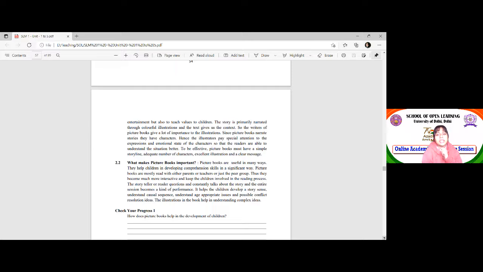So what they're trying to say is that picture books are important, especially for children, or in this case, at least the chapter that we are covering, for children, because it helps them develop comprehension skills. Like I said, it helps them aid their imagination, like it helps them imagine things. And it makes everything more interactive because it's just not words that are written on a paper.